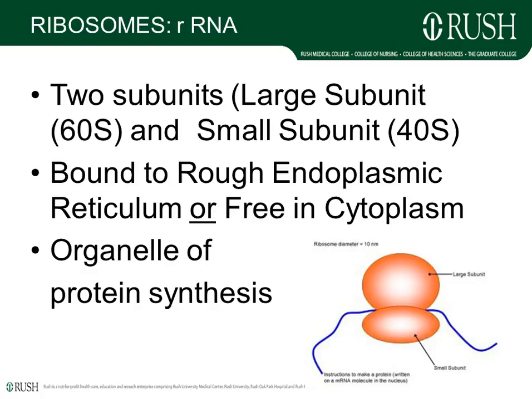So ribosomes are comprised of rRNA, and they are a non-membrane bound organelle, and they are comprised of two subunits, the large and small subunits, and you can see here this kind of snowman model.